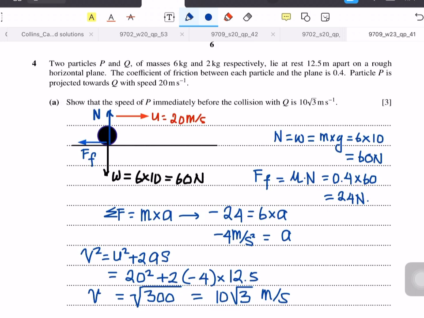And then we are using the kinematic formula v squared equals u squared plus 2as to find the final speed. So 20 squared plus 2 times negative 4 times 12.5. The answer is square root of 300. It's equal to 10 square root of 3 meter per second.